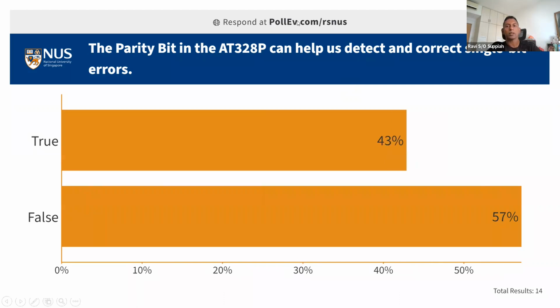The link is at the top, polev.com/rsnus. Open up any browser on your phone or your laptop, go to the link, then you will be able to answer it.